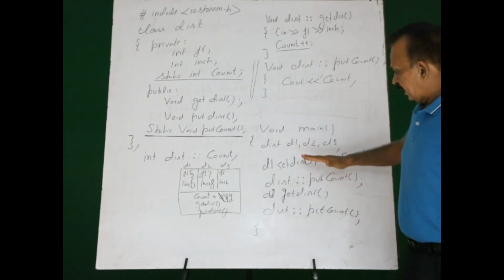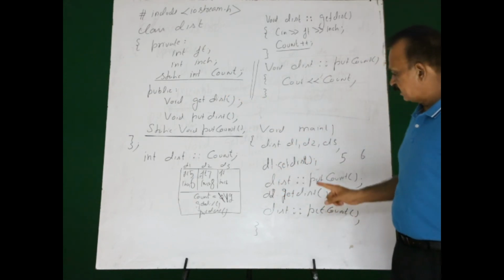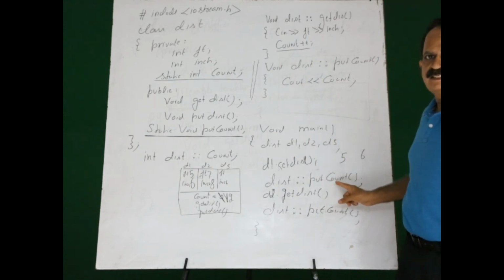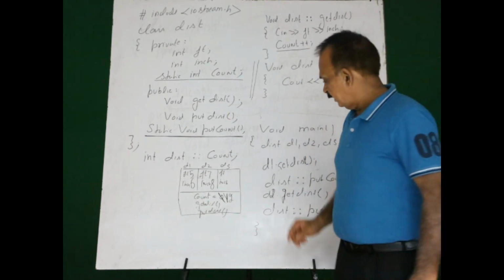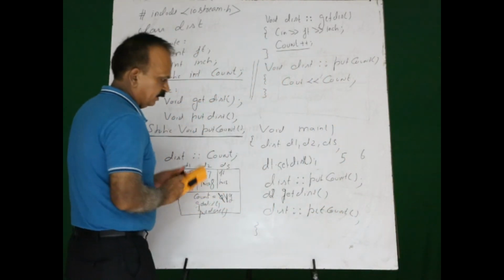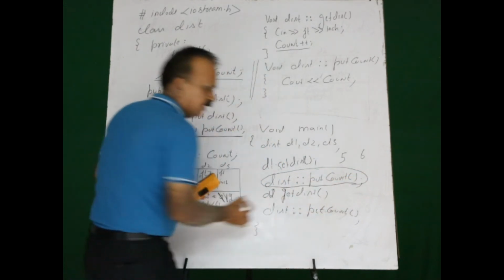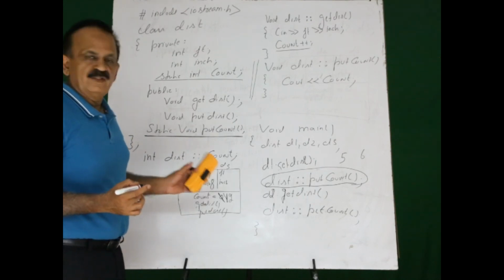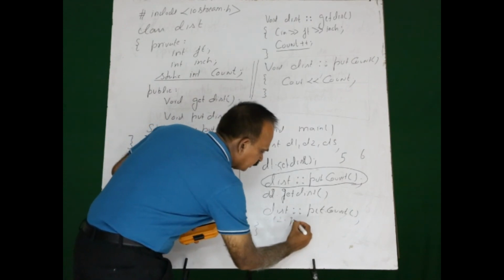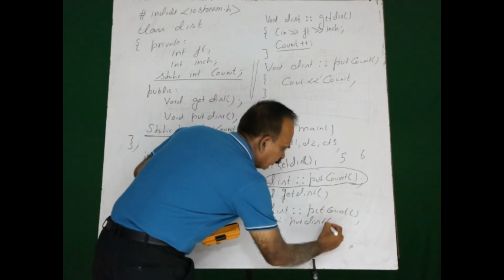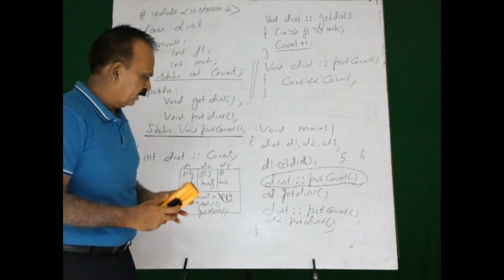Now here I used a normal function, that is get_distance, no doubt with the object name d1. The next one I use is this static function, but a static function is not related to the objects. That is why I used it with the class name. This statement is very important. I am using it with the class name rather than with the object name. But if I write d2.put_distance, because this is a normal function, I need the object name.